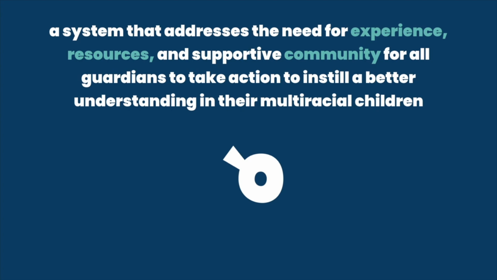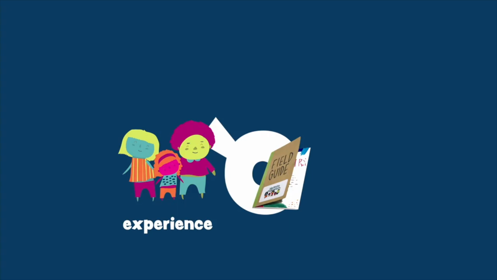And just to give you a bird's eye view before I go into more details, it's a system that addresses the need for experience, resources, and a supportive community for all guardians to take action in instilling a better understanding of identity in their multiracial children. It starts small on a more personal level within the family with these things called field guides, which have different activities in them to build experience within the family unit of talking about race.